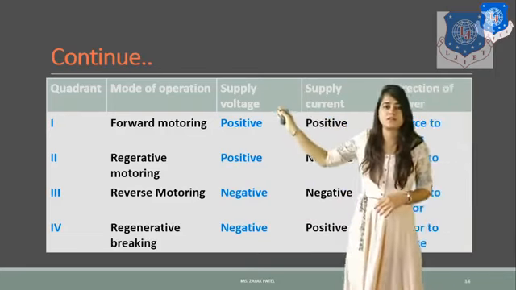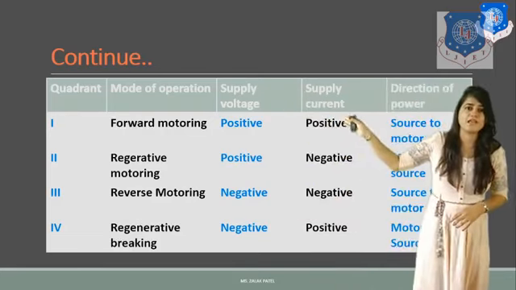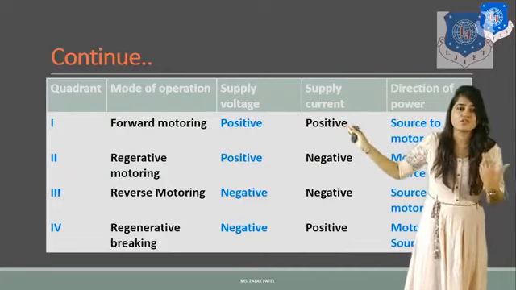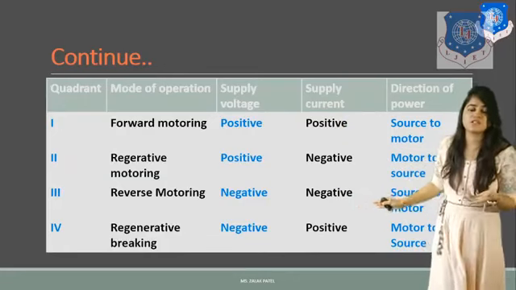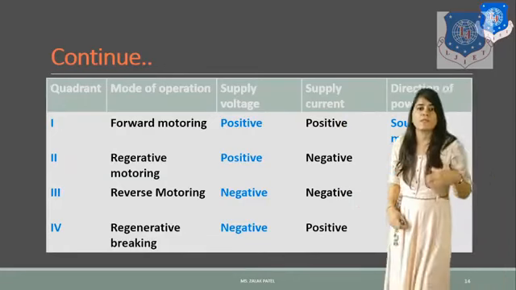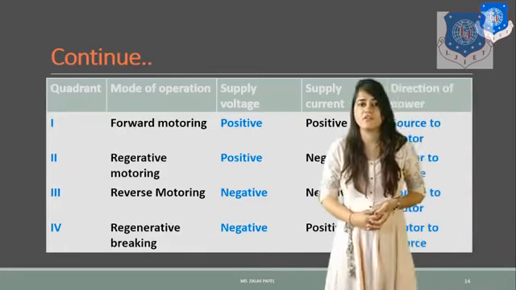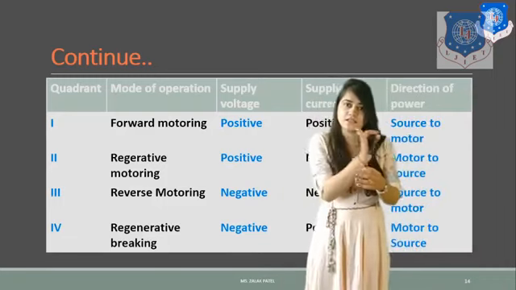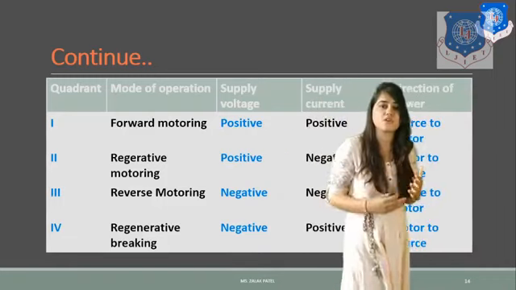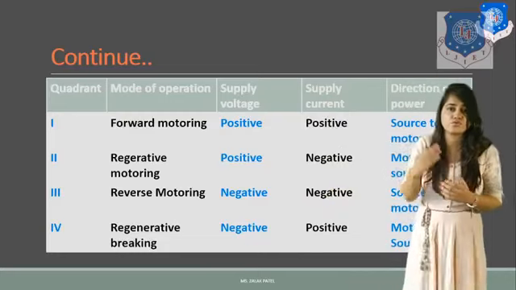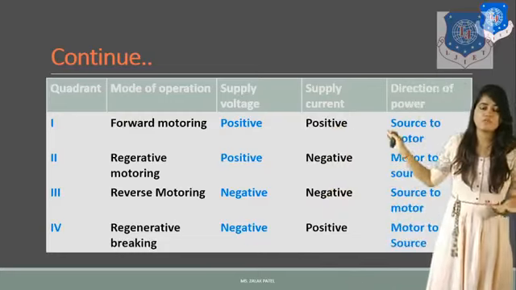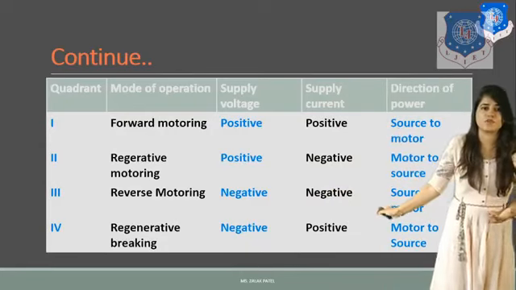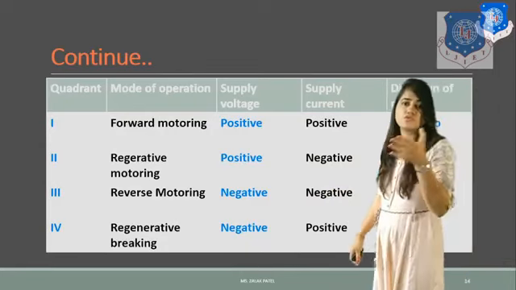If you see this third column, then the supply current is positive because of the supply voltage, and in this case it is negative because the supply voltage is negative. But the direction of power flow in both the cases is the same direction, means from the source to motor side or source to load side. So that's why here it is written that for the forward motoring as well as for the reverse motoring, it will be from source to motor.